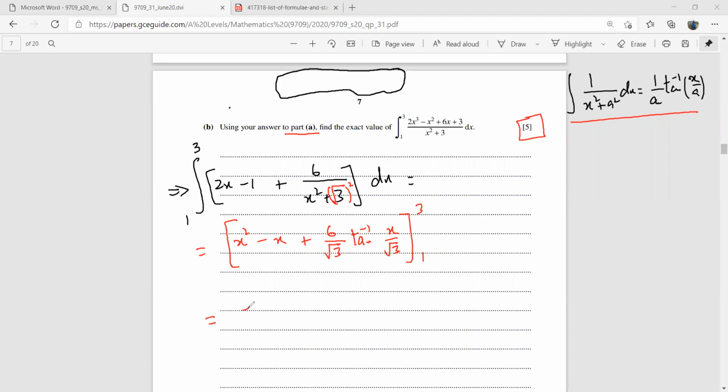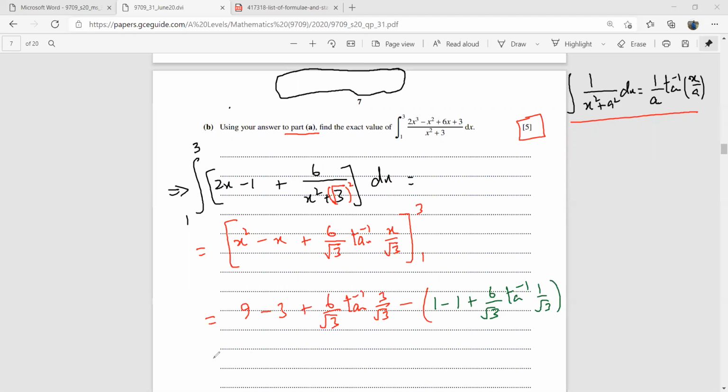So this is going to be 9 minus 3 plus 6 over under root 3 tan inverse of 3 over under root 3, minus, please use the brackets when you put the lower limit, 1 minus 1 plus 6 over under root 3 tan inverse of 1 over under root 3.